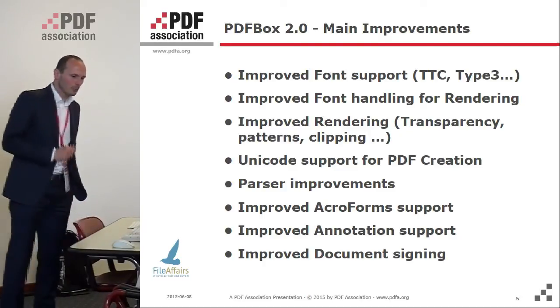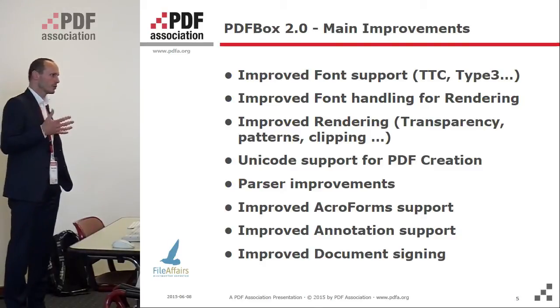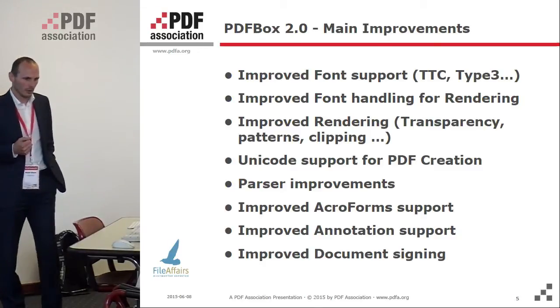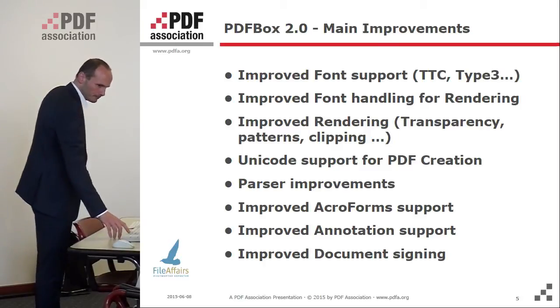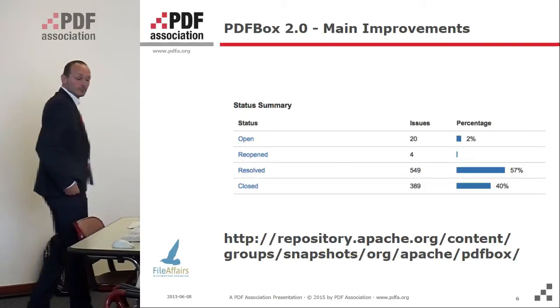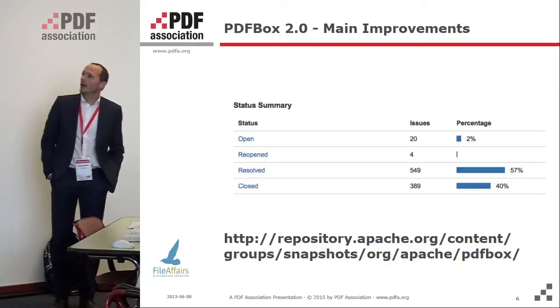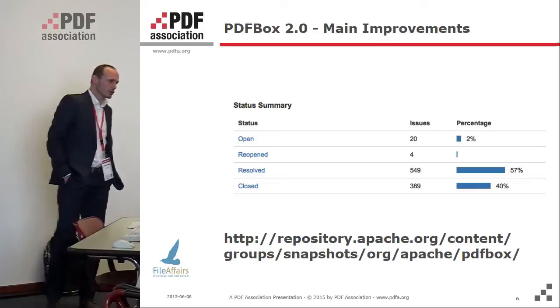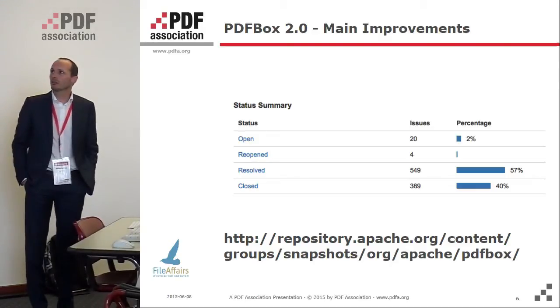And PDFBox 2 also has a cleaner API. Because it's a major release, we took the chance and cleaned up the API. Just to give you a little metric, there were around 1,000 issues we were working on with PDFBox 2.